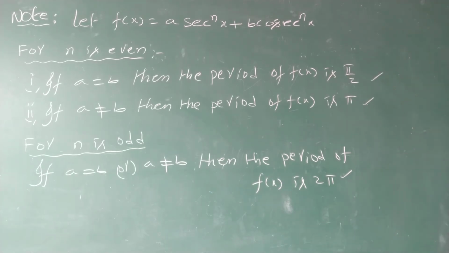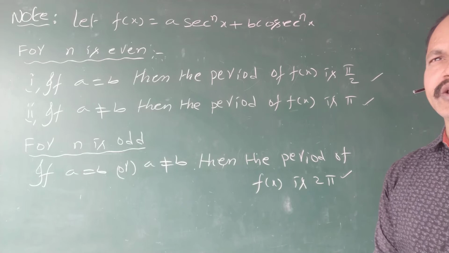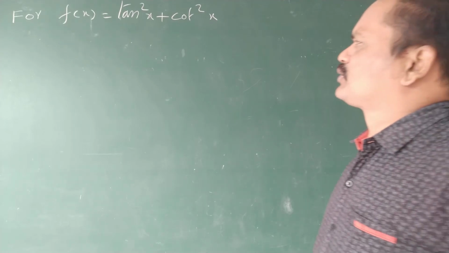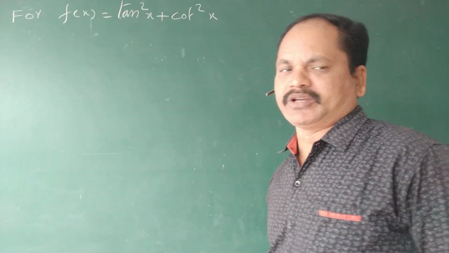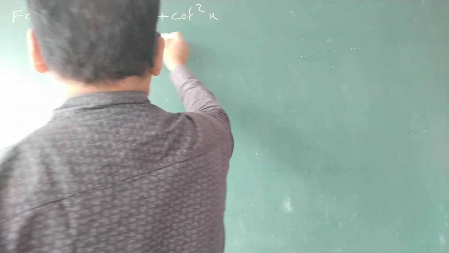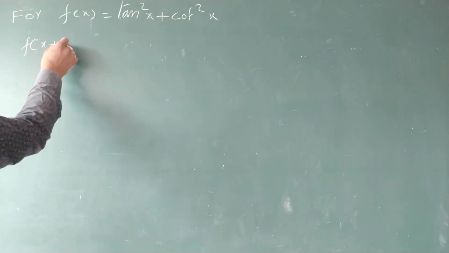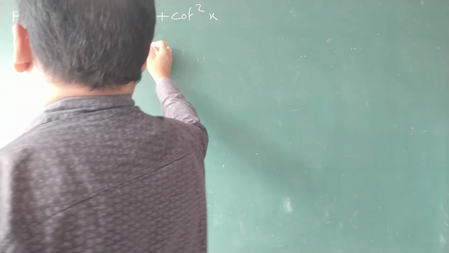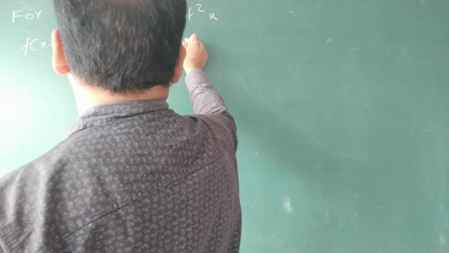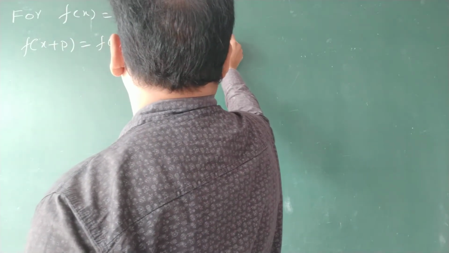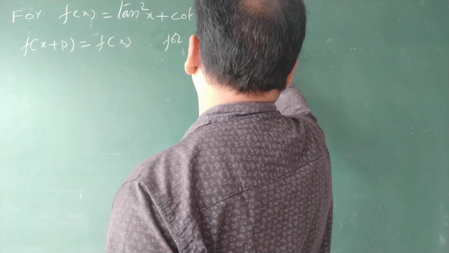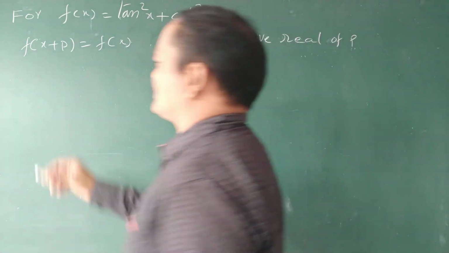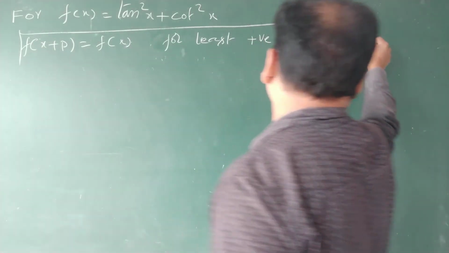Now we are going to the concept of another function in terms of tan and cot. For f of x is equal to tan square x plus cot square x, we have to identify the period. According to the definition of the period, f of x plus p is equal to f of x for the least positive real number p.